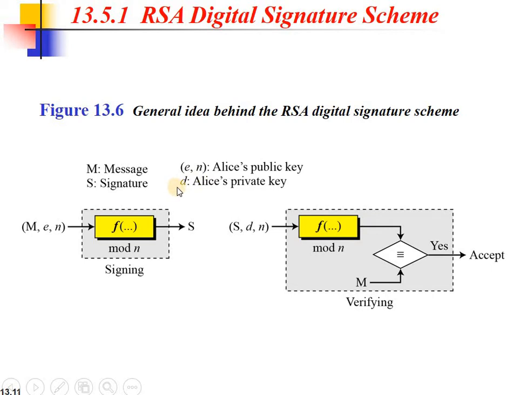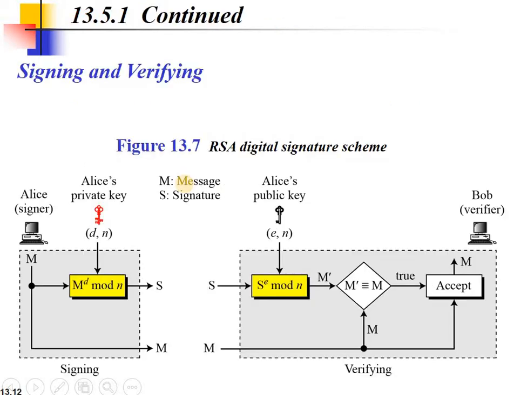The procedure to obtain E and D was already told by me. So I am talking about the RSA digital signature scheme. There is Alice, a sender, and Alice wants to communicate with Bob, and she has to perform the communication using the RSA digital signature.